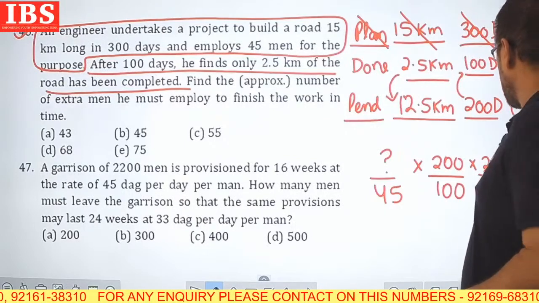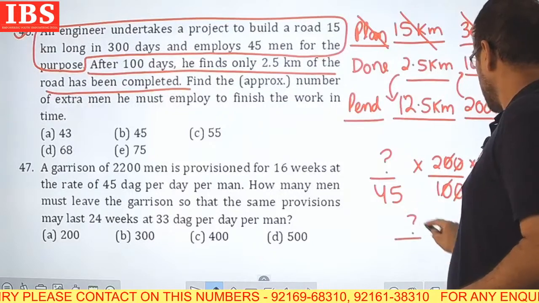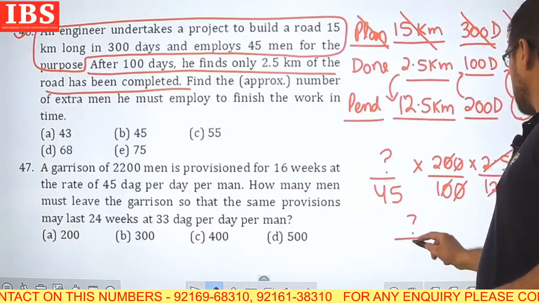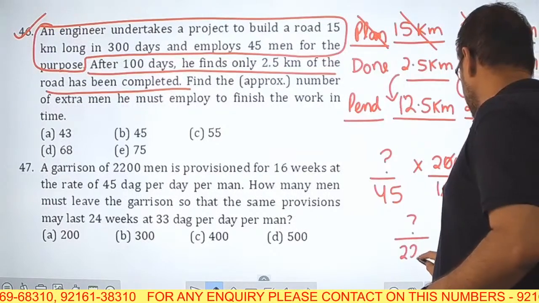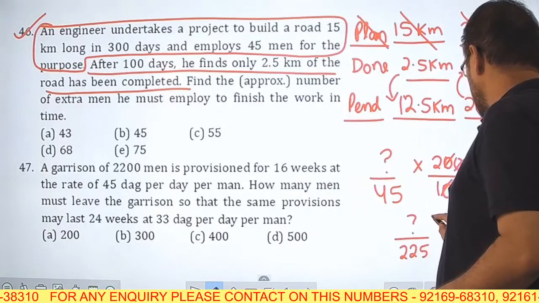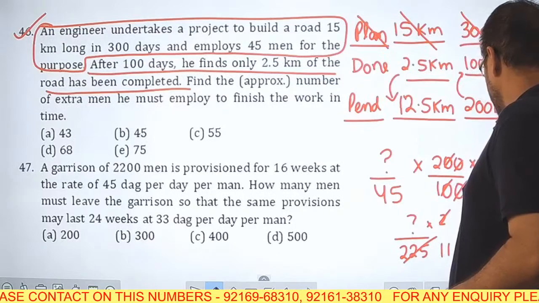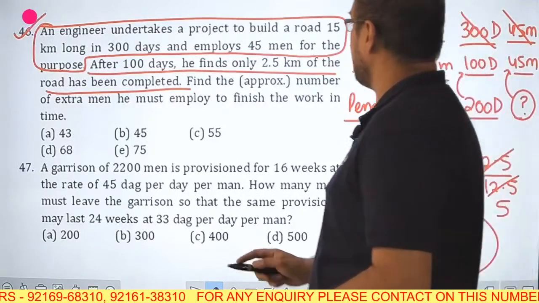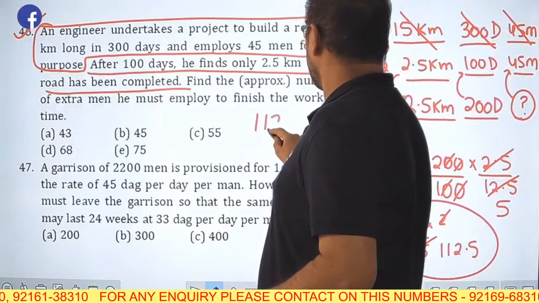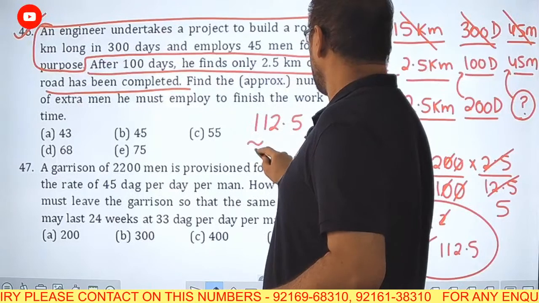So question mark divided by 45 is 2 into 5, which is 225, and this gets cancelled, this is 112.5. So question mark will be equal to 112.5. There cannot be 0.5 men, so we take this as 113 men.